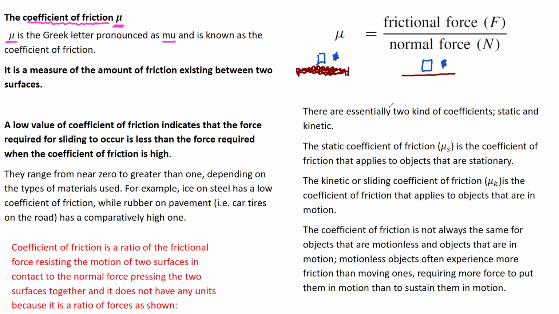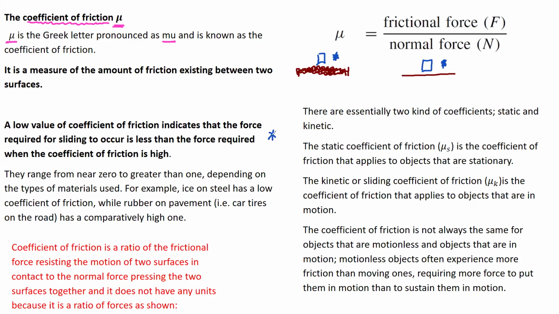A high value of the coefficient of friction indicates that you require a greater force to move the object, and hence there is greater friction. And on the flip side, a low value of the coefficient of friction indicates that you need less force to slide the object, hence the frictional force is less.